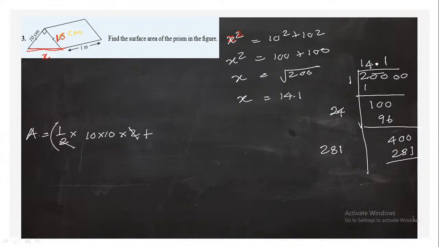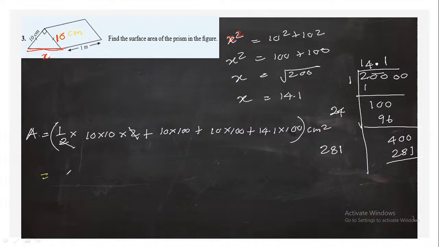We got 10 into 1 meter, 10 into 100, because 1 meter means we convert into centimeters. And the other one, we got the x here. Then this one also 10 into 100. Plus 14.1 into 100 square centimeter.